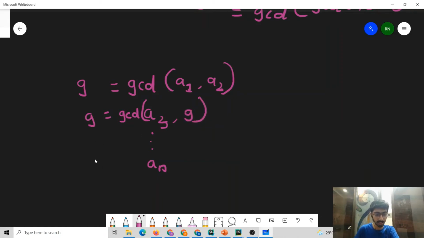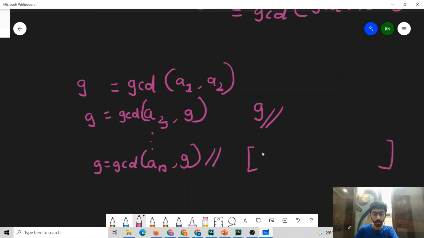And at last g will be equal to GCD of an and g. In this way we find the GCD of the entire array, and then the final reduced array would be a1 by GCD, a2 by GCD and so on till an by GCD.